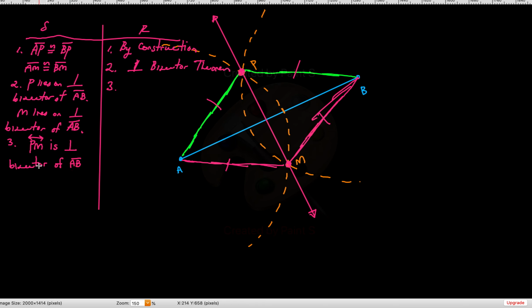And the way you could say that is that 2 points define a line, and that there's only one perpendicular bisector of a segment. But you could just say 2 points define a line. And perpendicular bisector is, of course, a line. I have 2 points on that line, and the line joining them must be the perpendicular bisector.